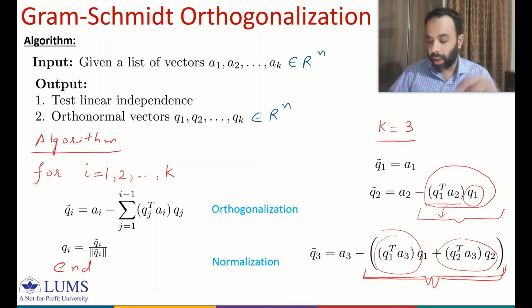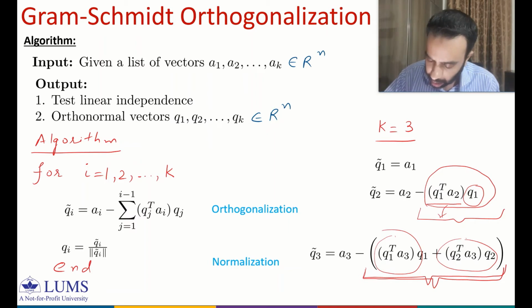When Q3 tilde is equal to 0, Q3 is equal to 0, which indicates that A3 is a linear combination of A1 and A2. So we can test linear independence between these two steps, right?